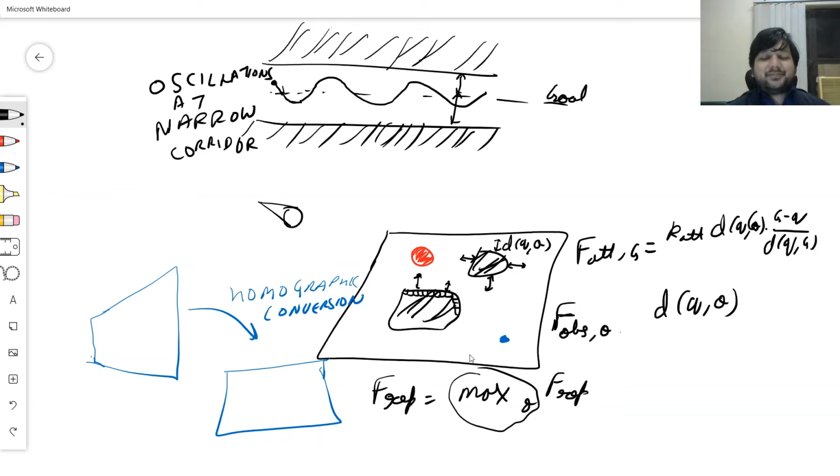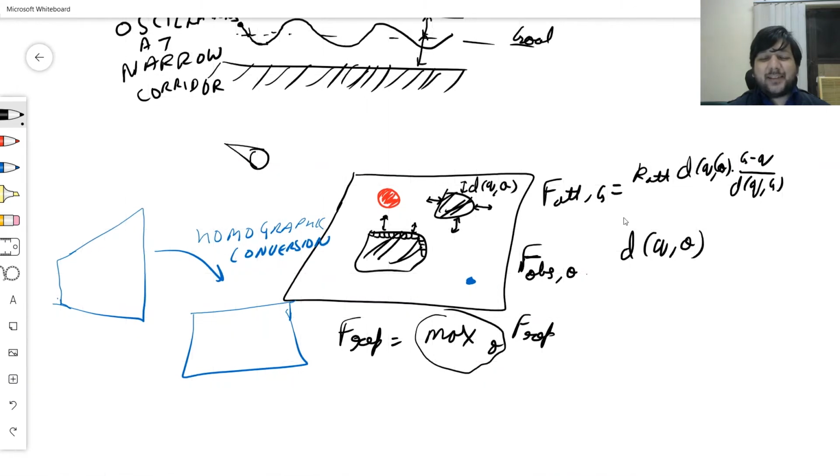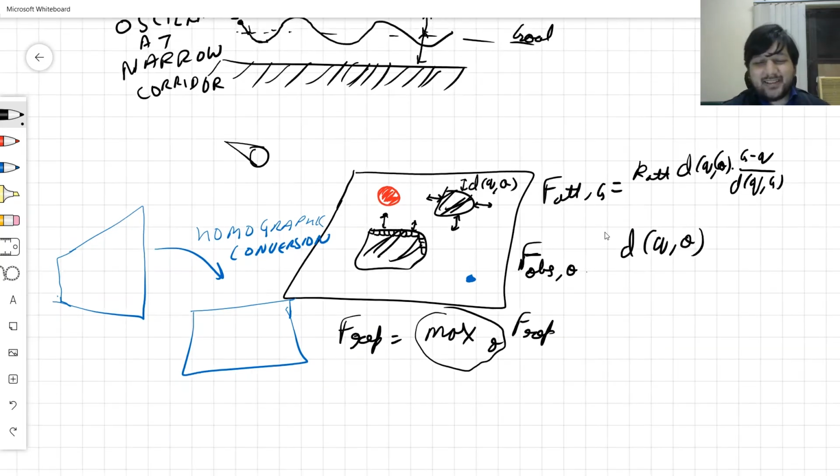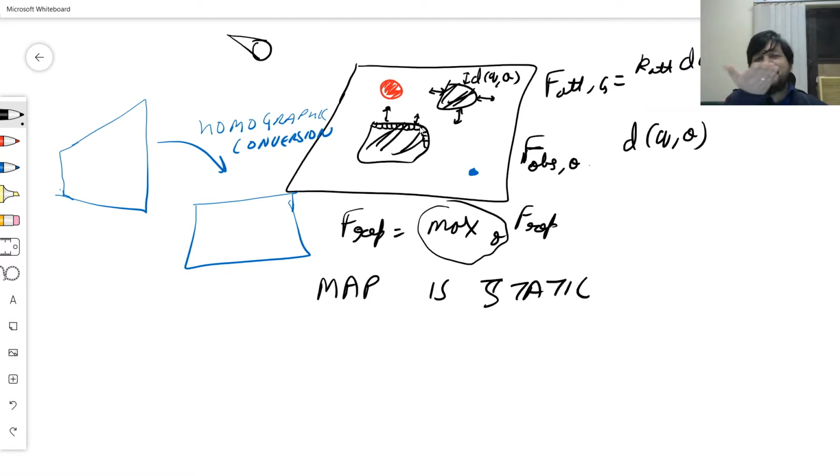the repulsion force. Now the problem is, how do I get the d(q,o) from the nearest obstacle as well? So my entire problem of calculating obstacle repulsion force from all the obstacles is reduced to calculating the repulsion from the nearest obstacle. Now I have a fact that this map is static. It's a toy problem.